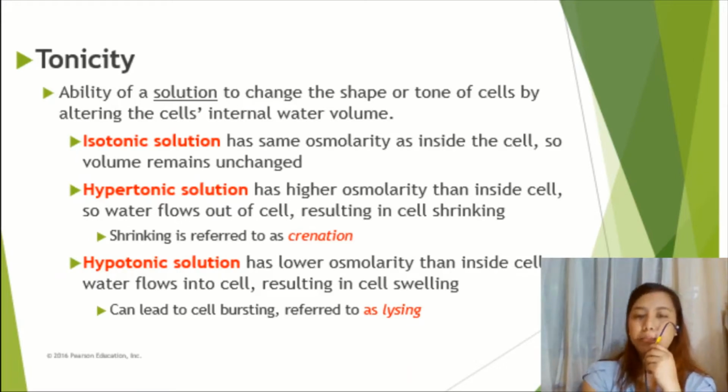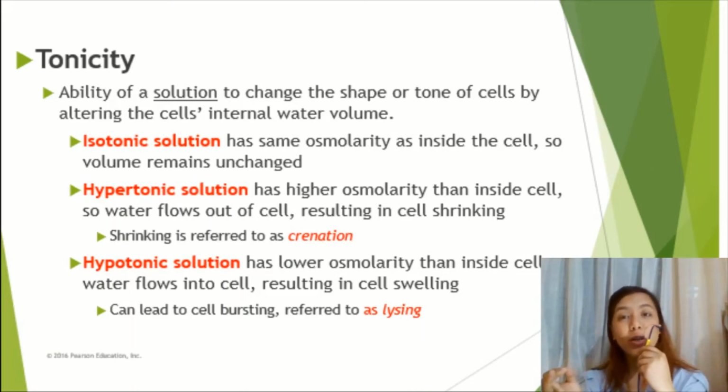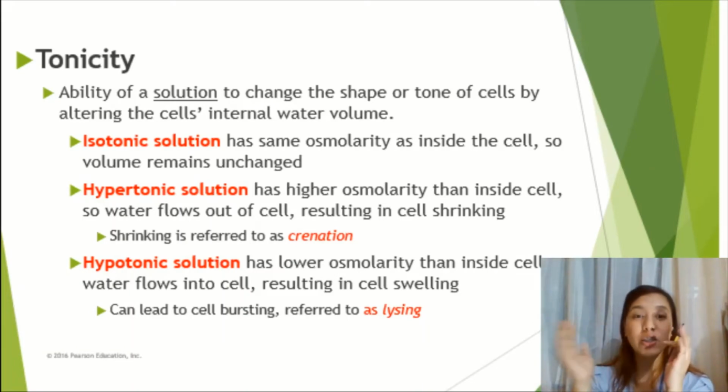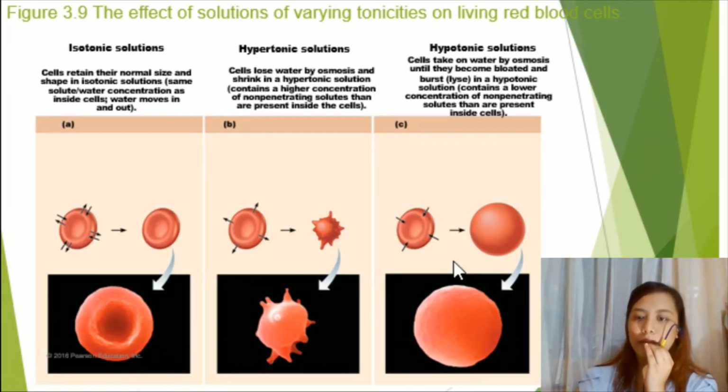So, next. This isotonic, hypertonic, and hypotonic solution are always discussed in your basic sciences. So, when we talk about isotonic solution, the concentration of your salt and your water is just equal.